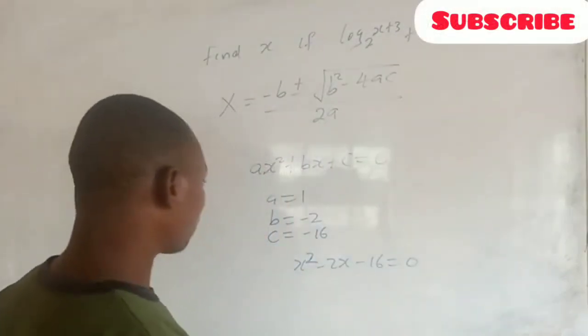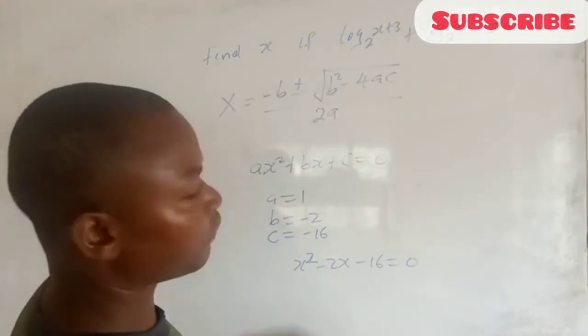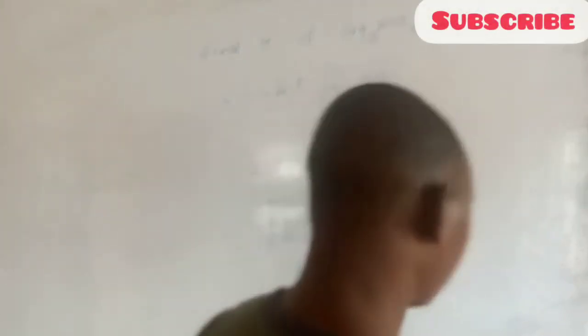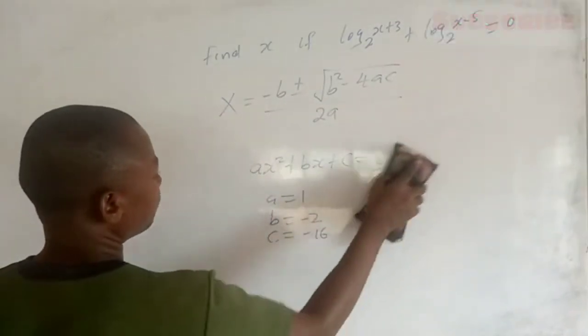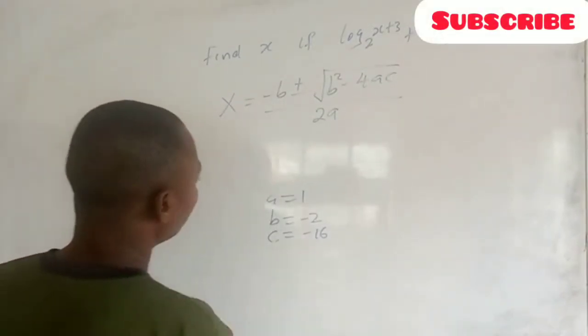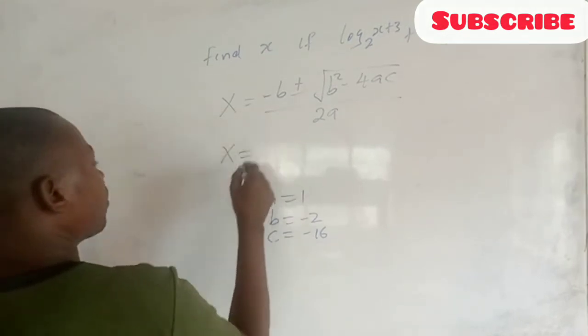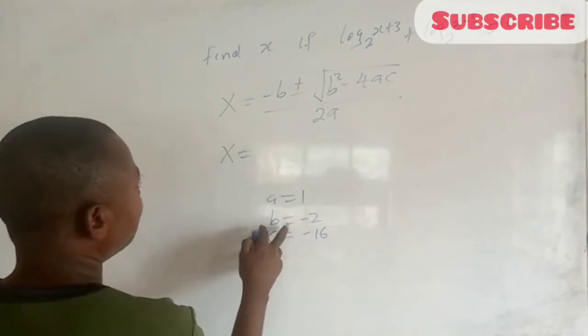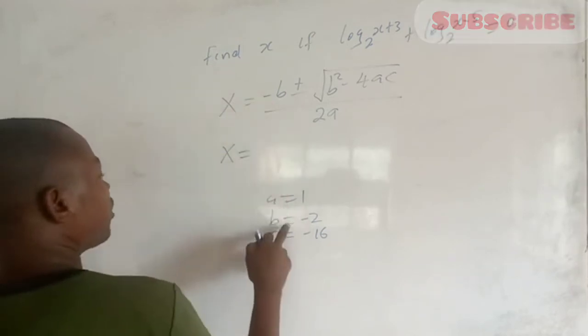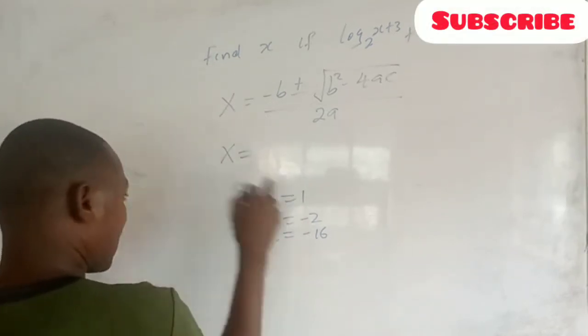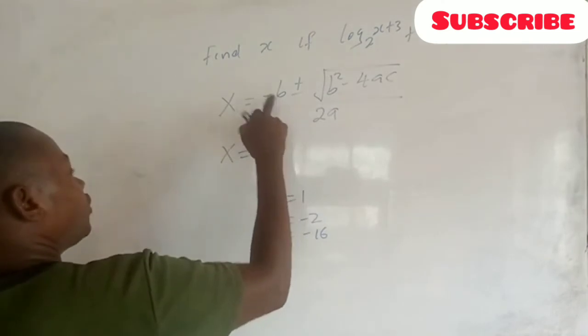That means we have to substitute for a, b, c in this formula. When we do that, we are going to have s equals minus b, where b is minus 2, so this minus 2 replaces b.